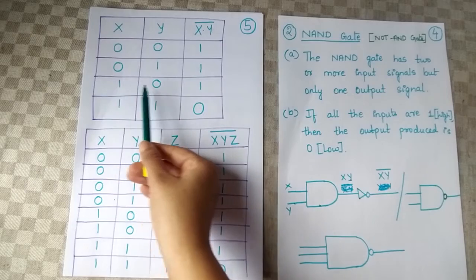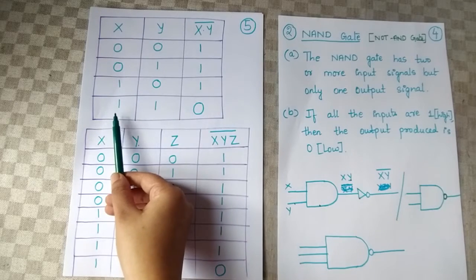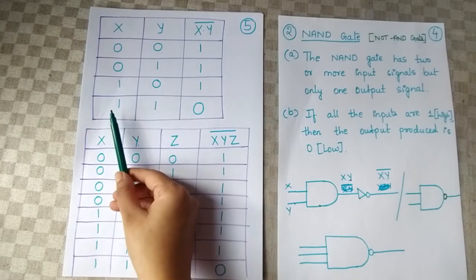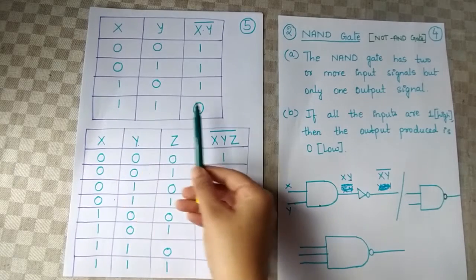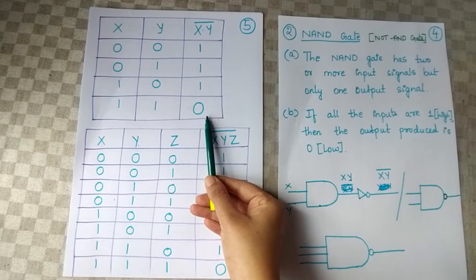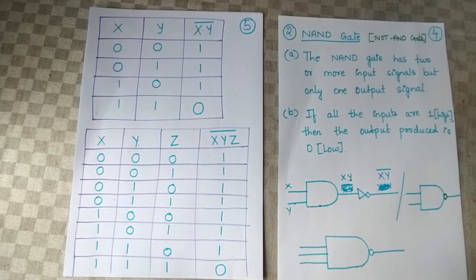Next 1, 0, so the result is 1. Next you see 1 and 1. So here if you observe, all the inputs are 1, and that is the reason the NAND gate result is going to be 0. As the statement says, NAND gate is going to produce a low value only if all the inputs are high, whereas for all other cases it is going to produce a result of 1, that is a high value only.